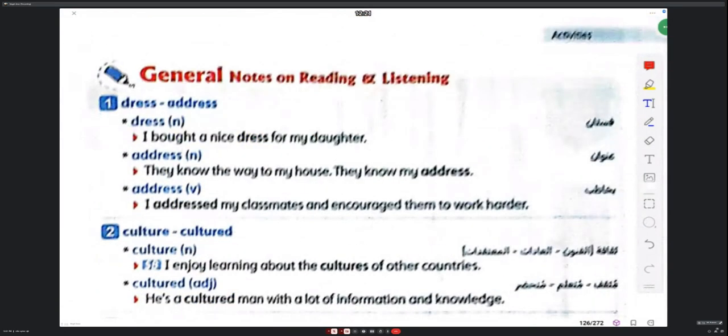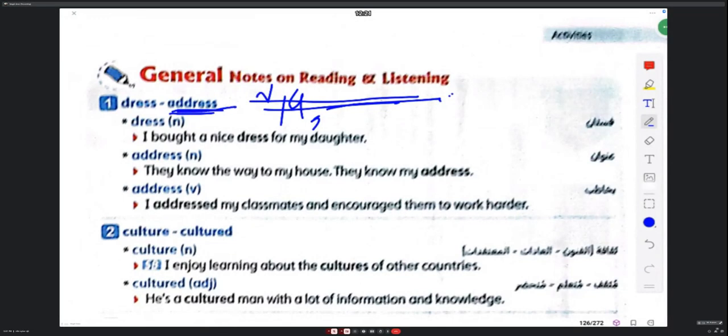Dress, address. Address means exactly the place where I live. I can say my address, so I can say the number of the building, 19, for example, the street name, for example, Al-Thawra street, Adly street.